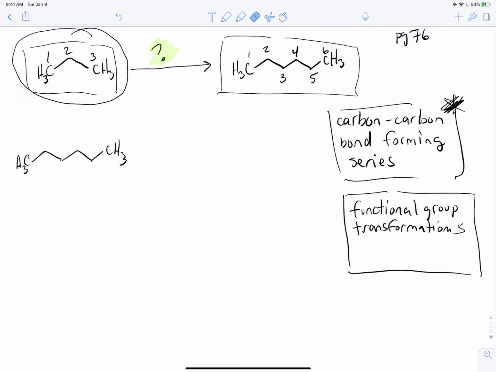So let me draw this down here, because I know you guys are just now kind of dipping your toe into this deep ocean of organic chemistry stuff. So the carbon-carbon bond forming series, we know that we're going to use this reaction.